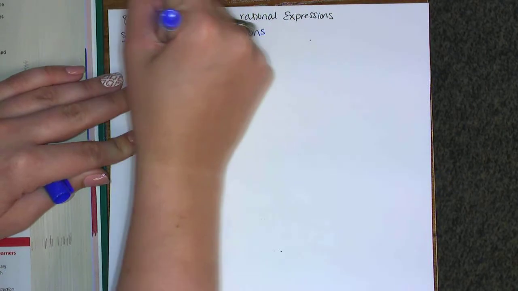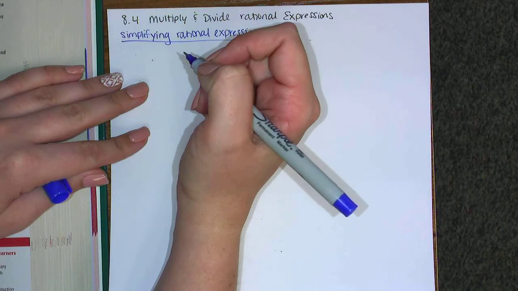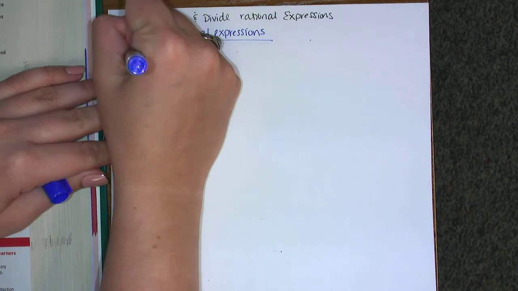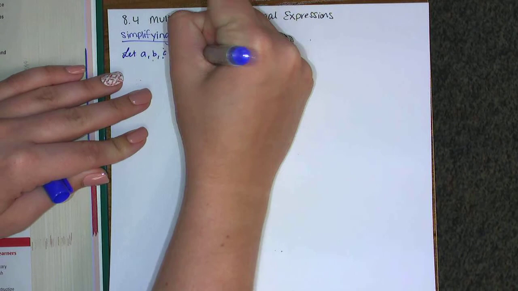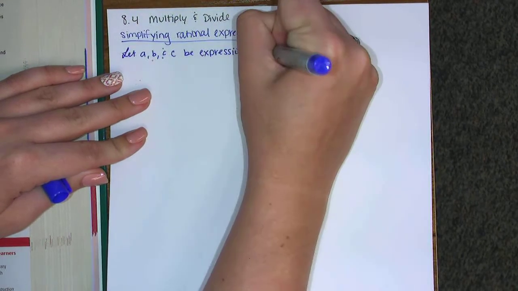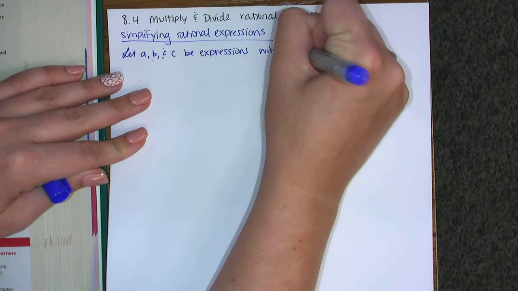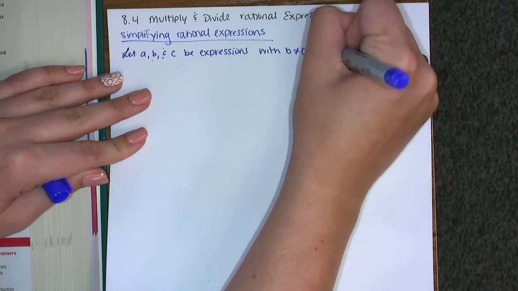So first of all, we have just this property, I guess you could say. So let A, B, and C be expressions with B not equal to 0 and C not equal to 0.